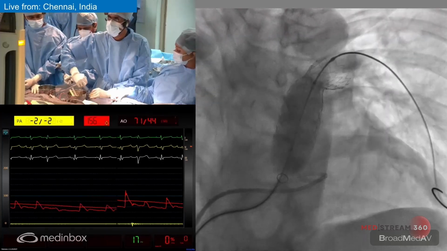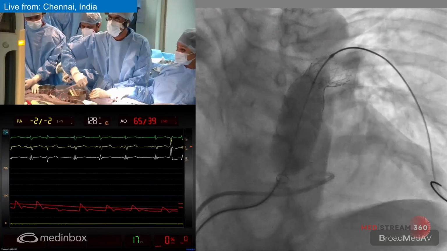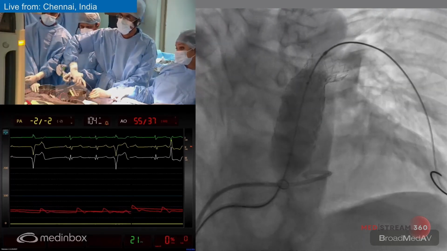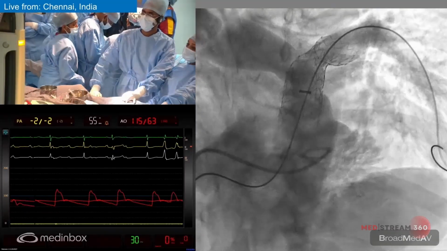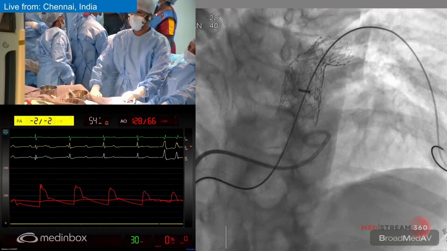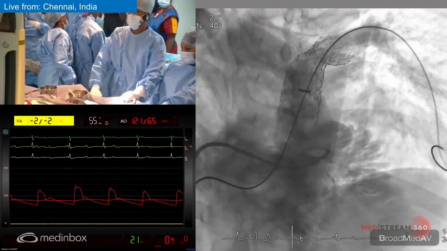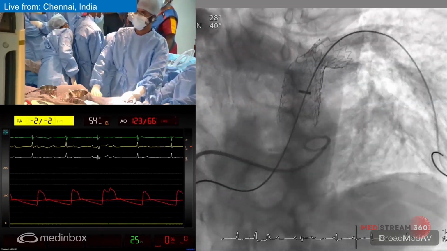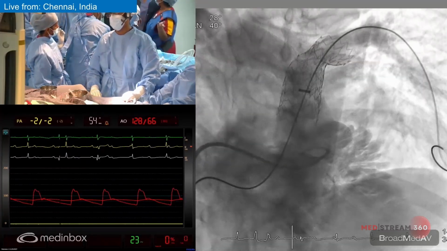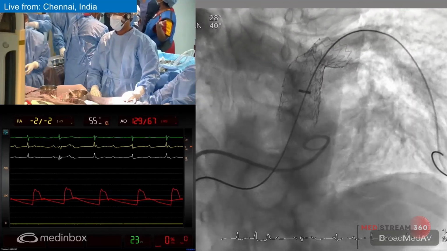Yes. I'm inflating to 2, 3, that will be enough. 4. Yeah, the proximal part of the stent is not opposed to the wall. So we will expand it so that the proximal portion is well opposed.